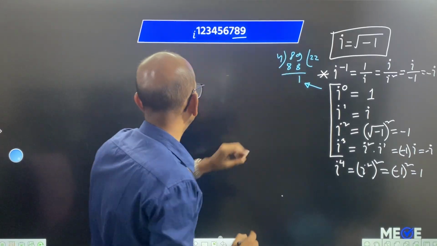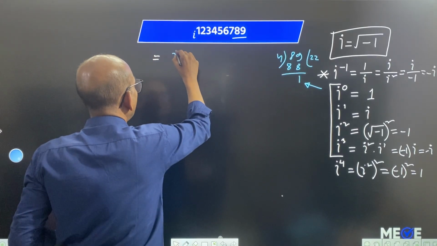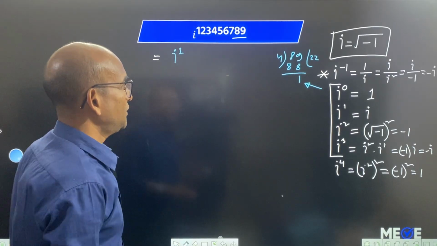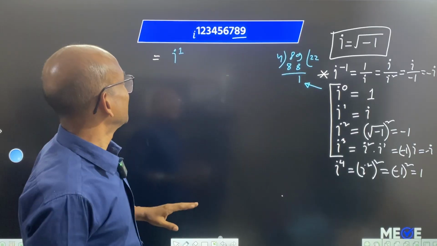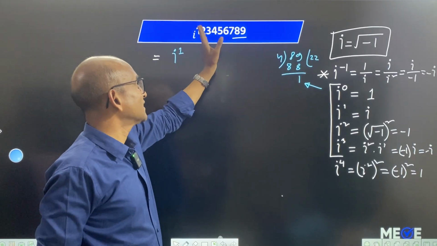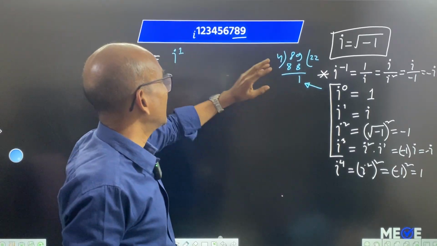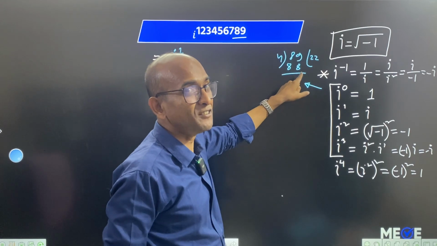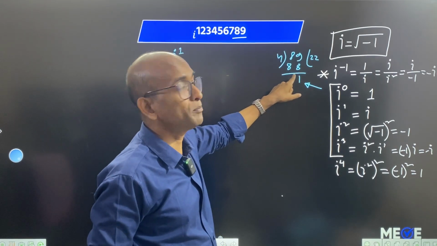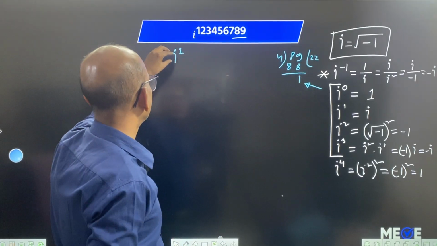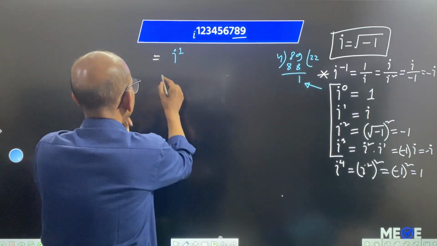This remainder will be put as a power or exponent to i. Whatever the positive number is, take the rightmost 2 digits and divide them by 4, and you will have a remainder if it is not completely divisible by 4. That remainder will be put as the exponent of i. So this is your solution.